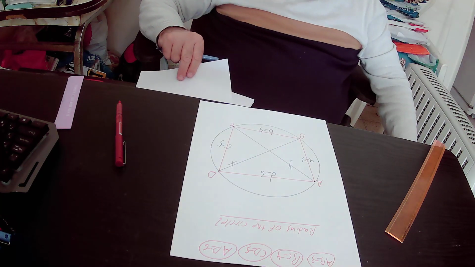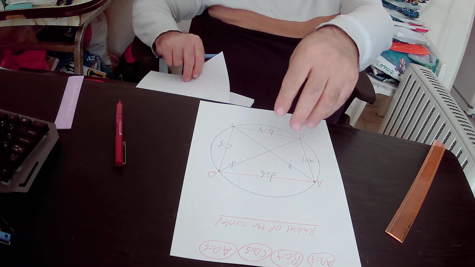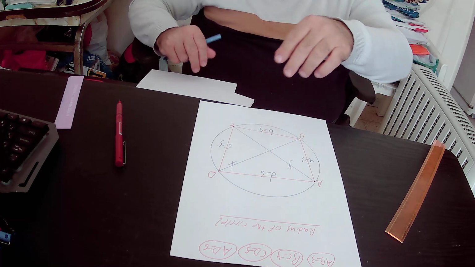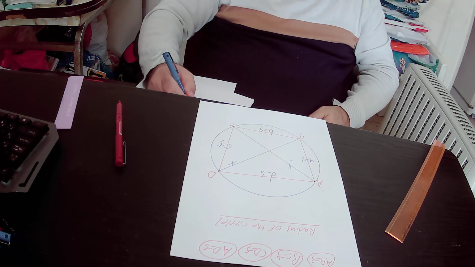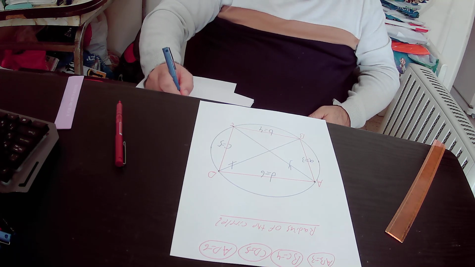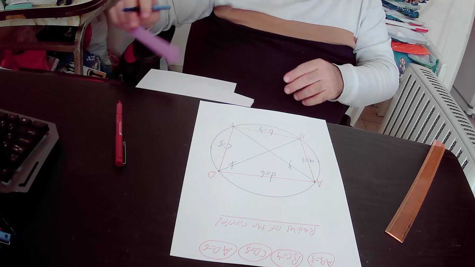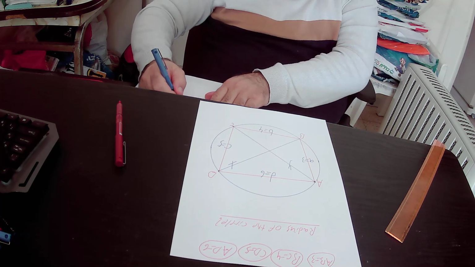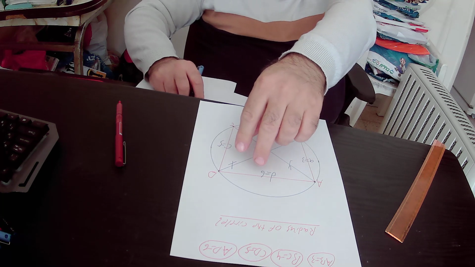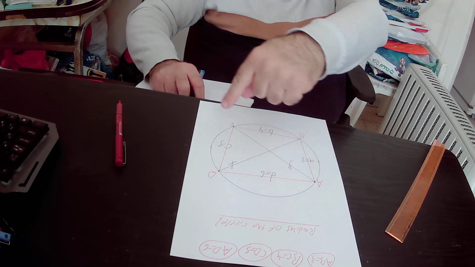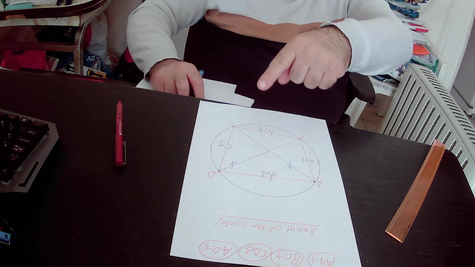Okay, so in the next step we will focus on this triangle ADC. As you can see from the drawing, this triangle ADC is inscribed by this blue circle.